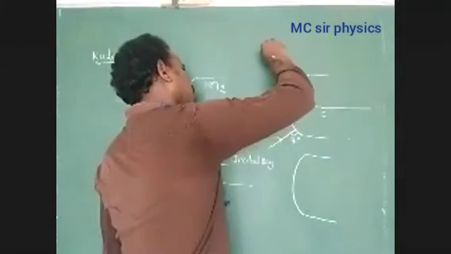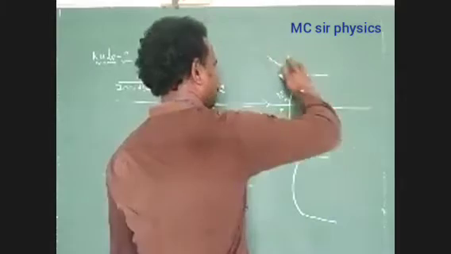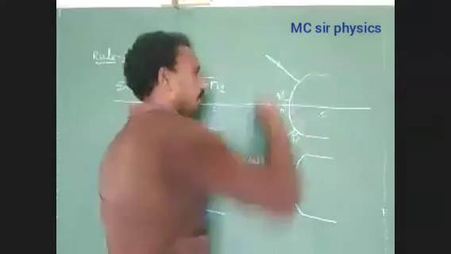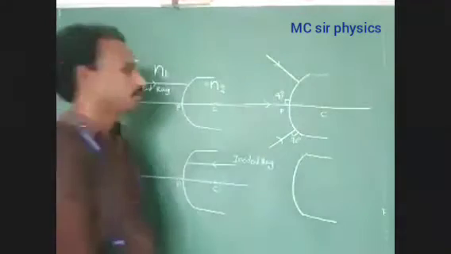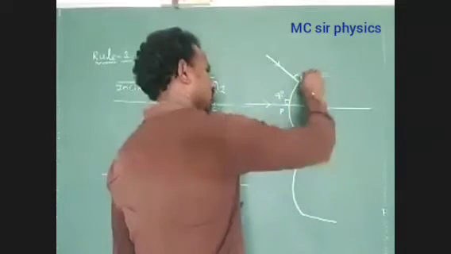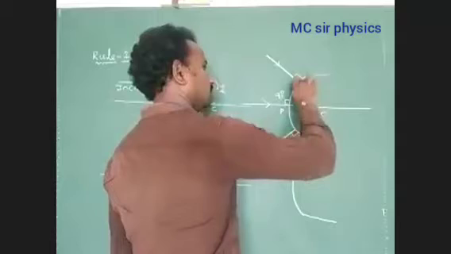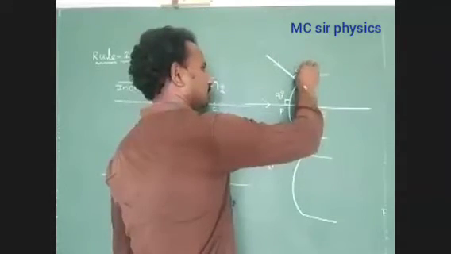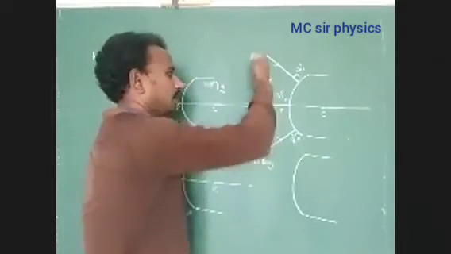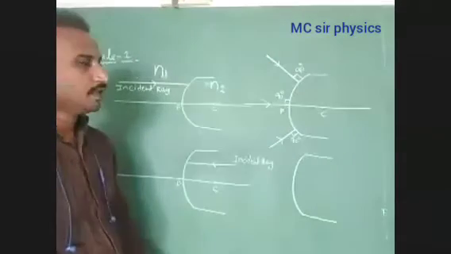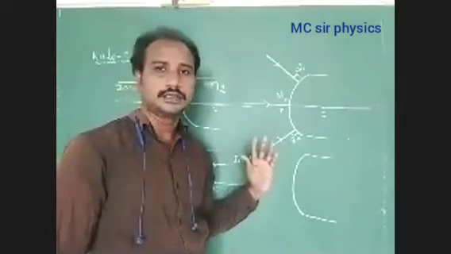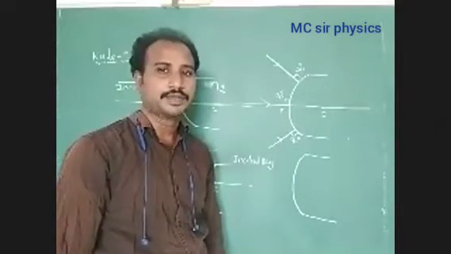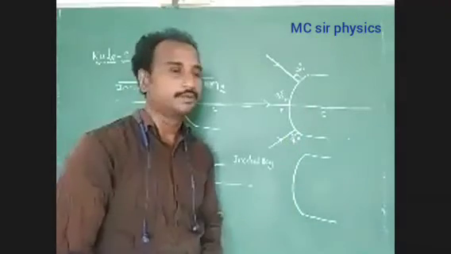One more light ray we have to consider. This light ray is perpendicular to the curved surface, which makes 90 degrees with respect to the curved surface. So identify these three incident rays. These three incident rays travel from rarer optical medium to denser optical medium. You have to identify this rule.